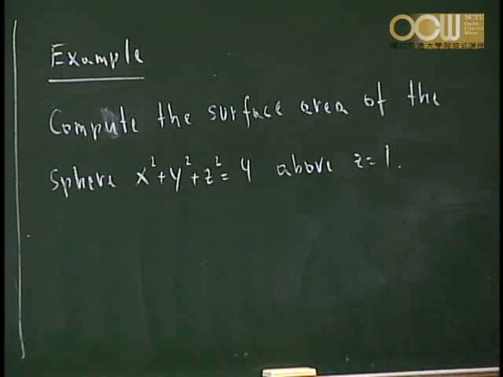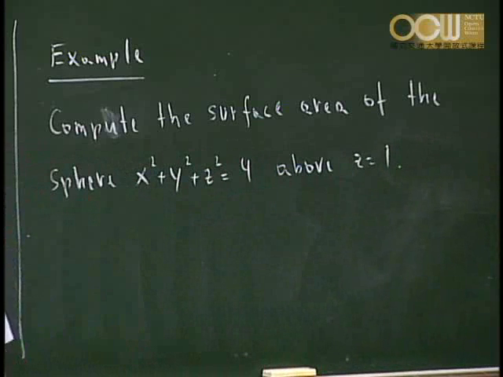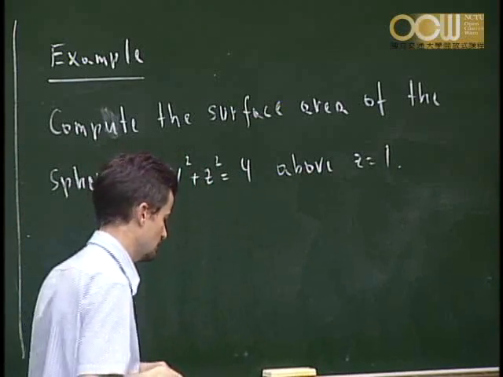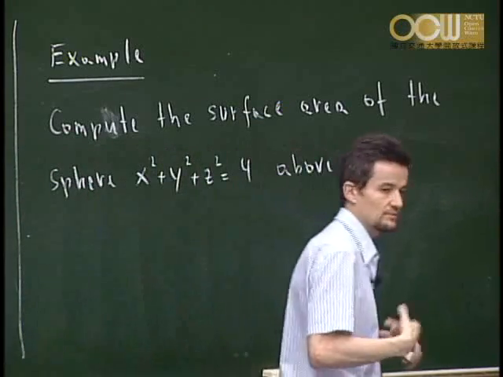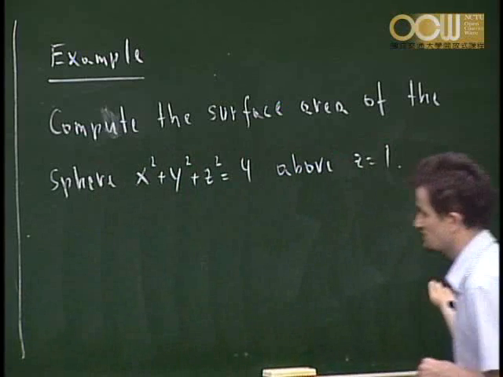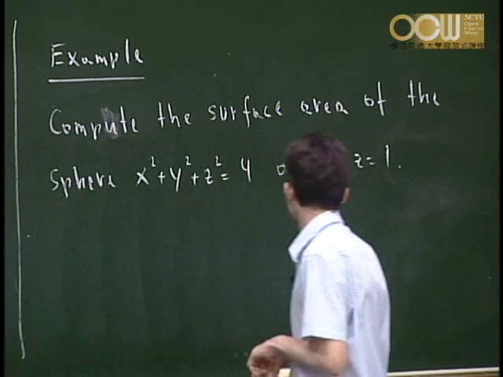Okay, so some part of a sphere, and you should compute the surface area here. Of course, this is something we could solve also with the techniques which we have learned last semester by letting the circle rotate about the x-axis. It wouldn't be very complicated, but let's just see how to do it using this new formula.